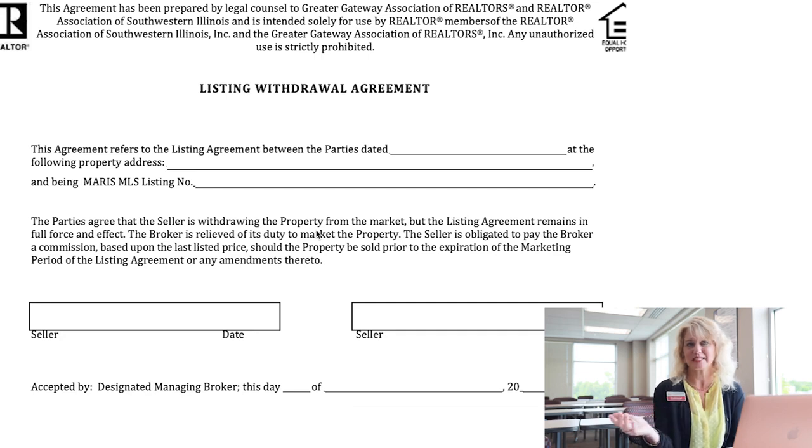That date, 30, 60, 90 days, whatever is put in that blank, if the property is shown prior to, and then a contract is written within the dates, then the commission does still need to be paid out.